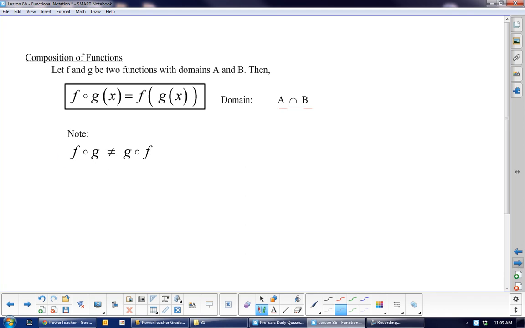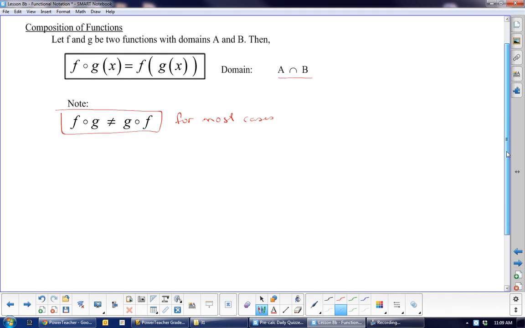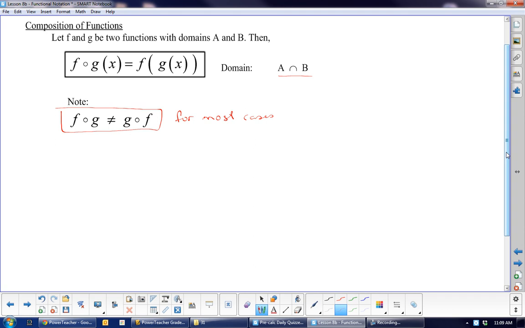Okay? And just always note that could happen. It shouldn't say, you know, but this should say for most cases. There is a couple cases where, especially if f of x and g of x were the same. Okay, good.